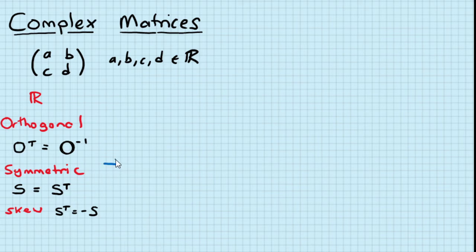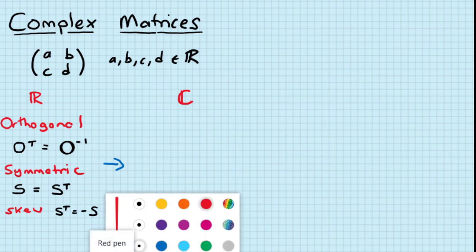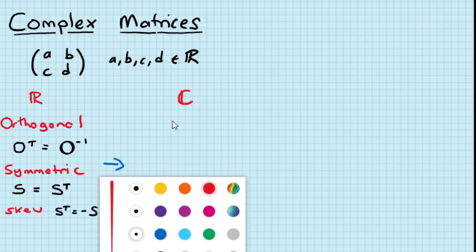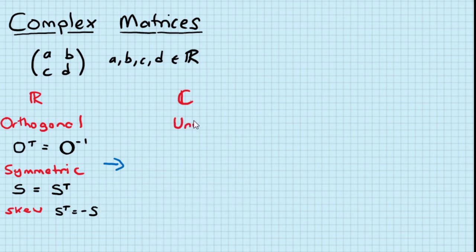Now, if we extend what we've done so far, which relates to real matrices, into the complex realm, we end up with very similar ideas but different terminology. Instead of orthogonal matrices, we have unitary matrices.